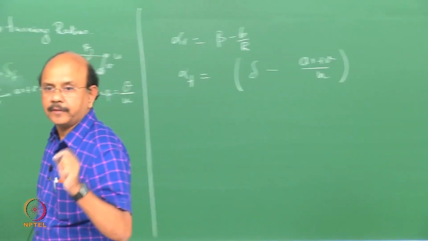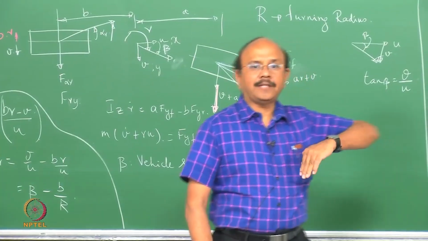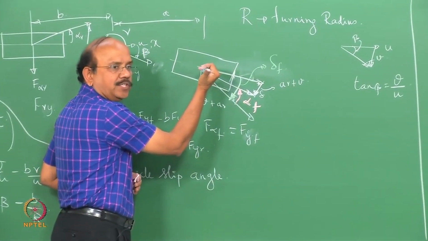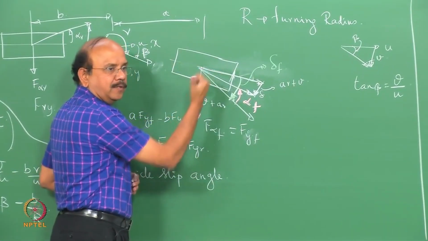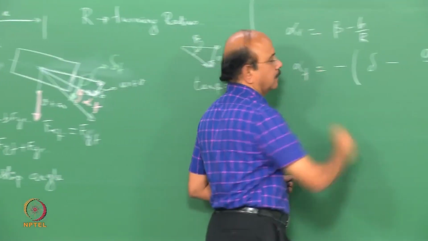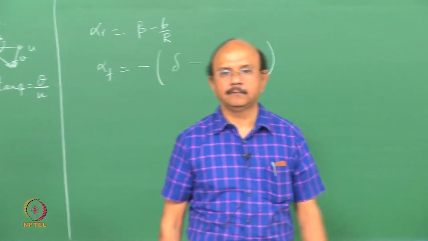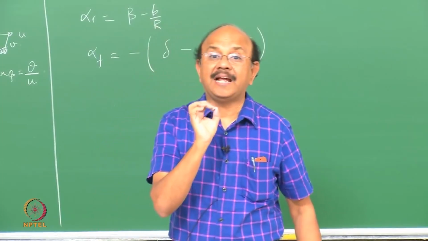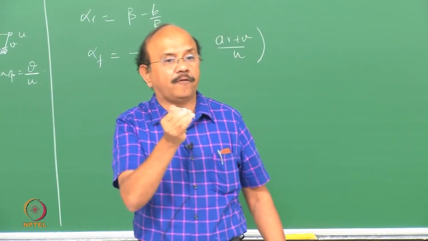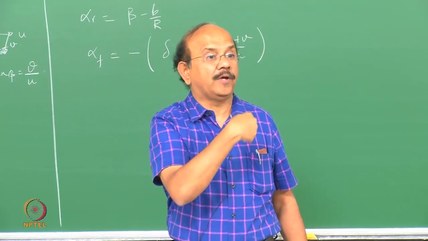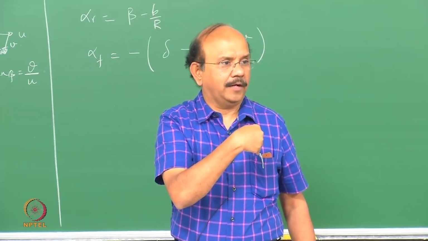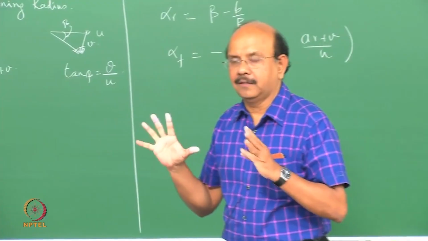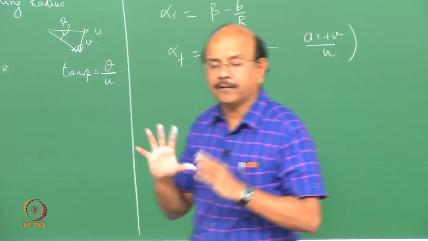Now note that alpha F is in a direction which is in the negative direction of z. So I'm going to put a minus here. Okay? I have to be careful because a negative direction alpha F produces a positive Fy. So that's why I put a negative, so that I don't have confusion.